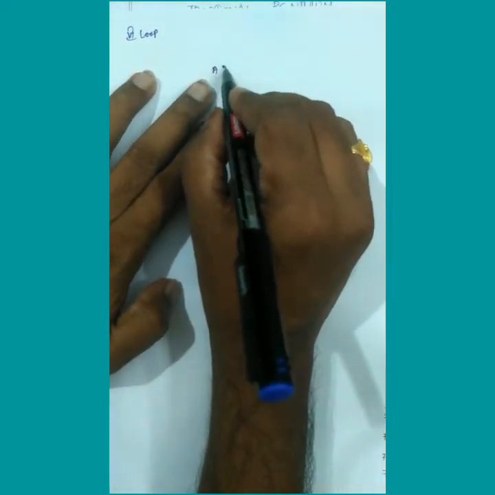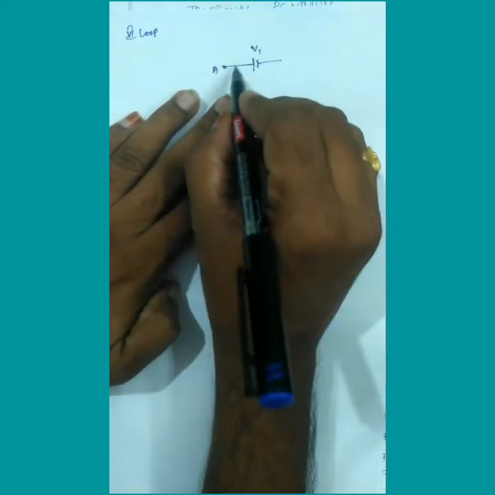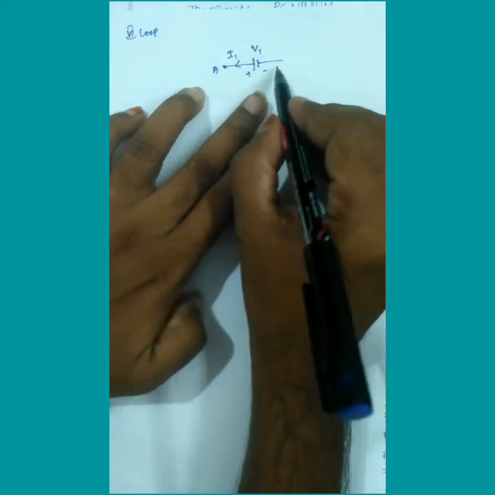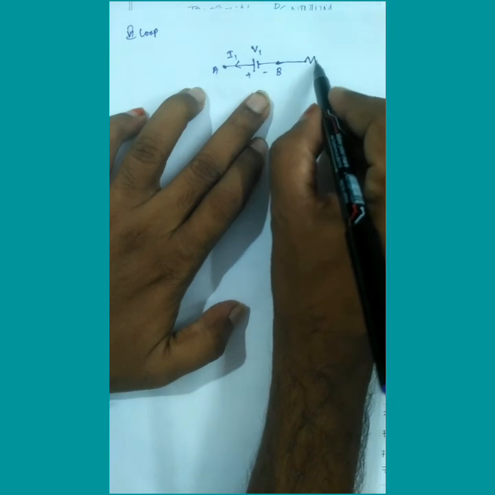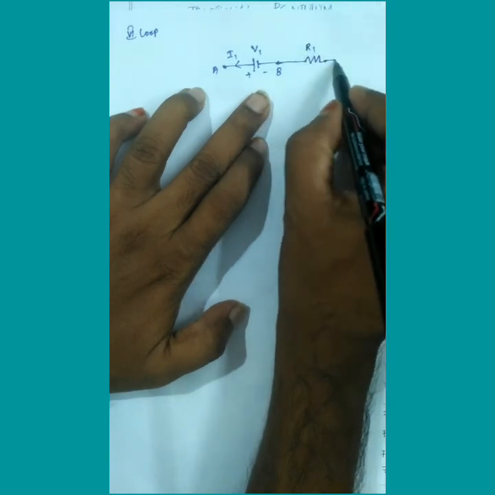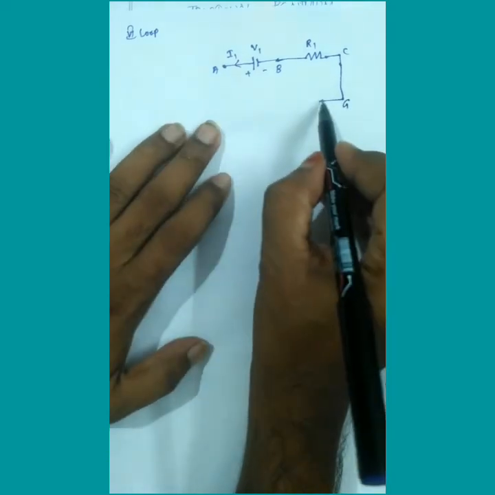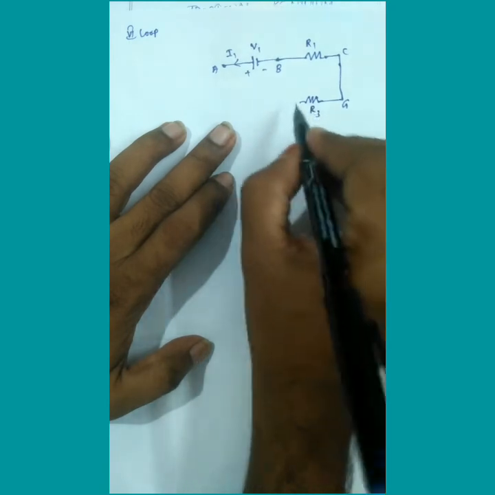So the sixth loop, what is the sixth loop? A to battery 1, that means V1, the potential difference is V1, the current passing through it is I1, positive terminal, negative terminal, this is the point B, and we have connected the resistor R1, and this point we are calling C, and this is the G point, and the resistor is R3.